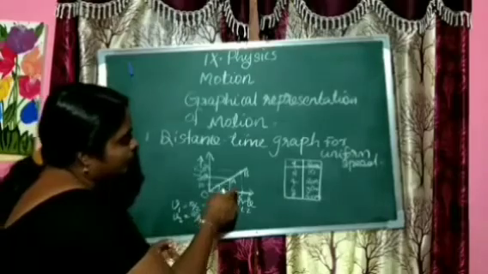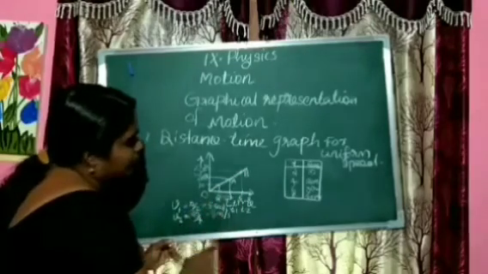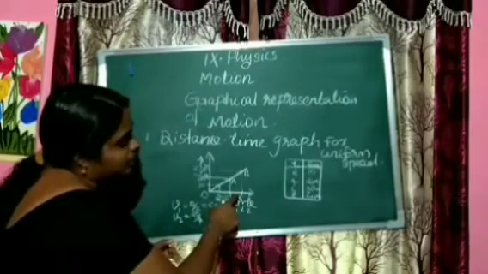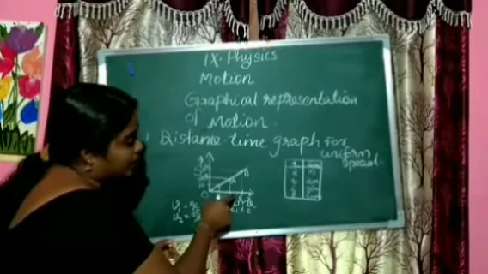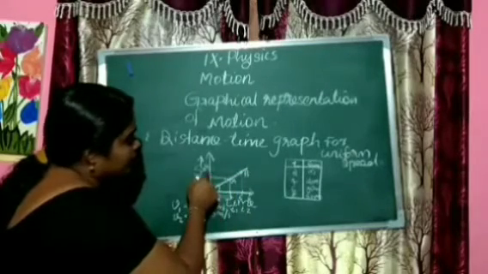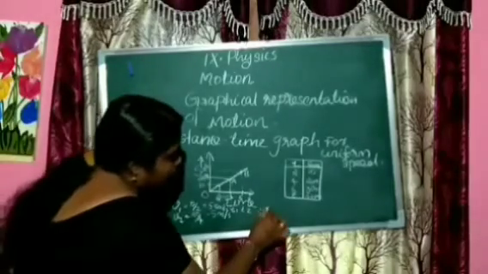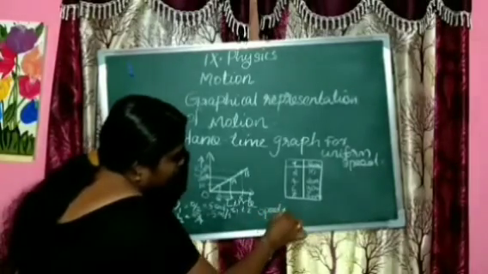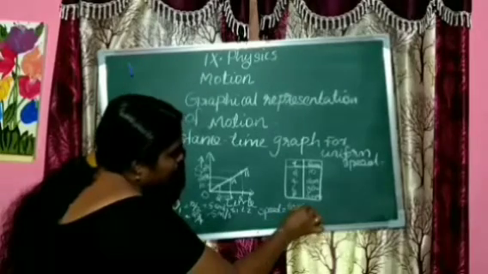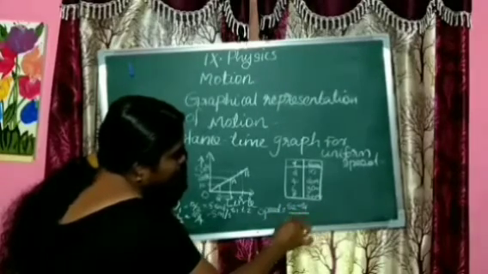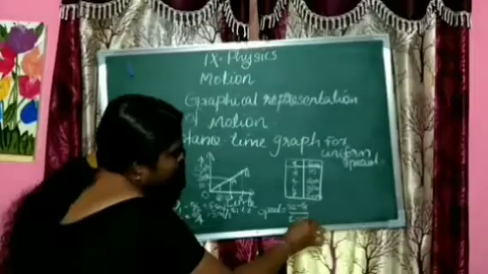So when we calculate the speed, we already know the equation: speed is distance divided by time. Here, what is the distance? S2 minus S1. So the speed is equal to S2 minus S1 divided by T2 minus T1.